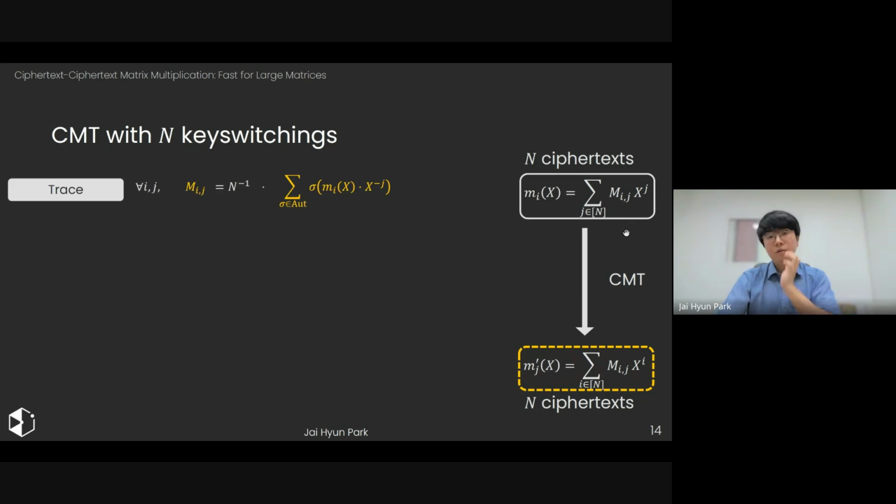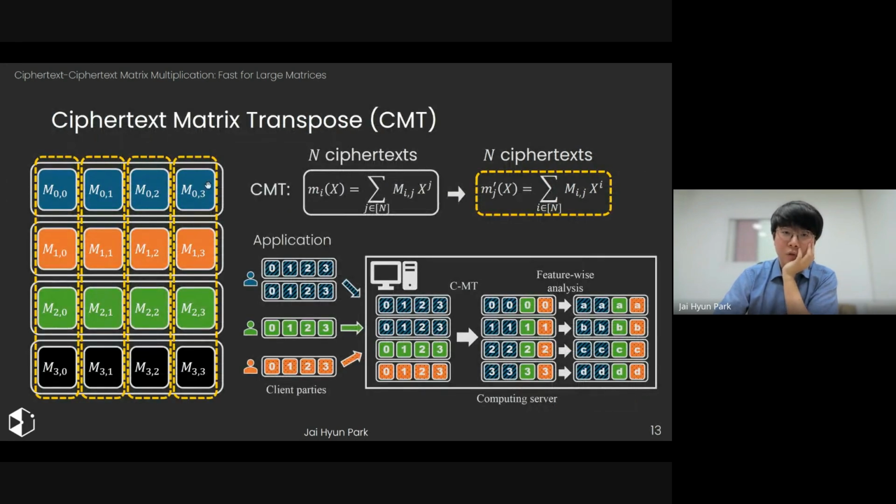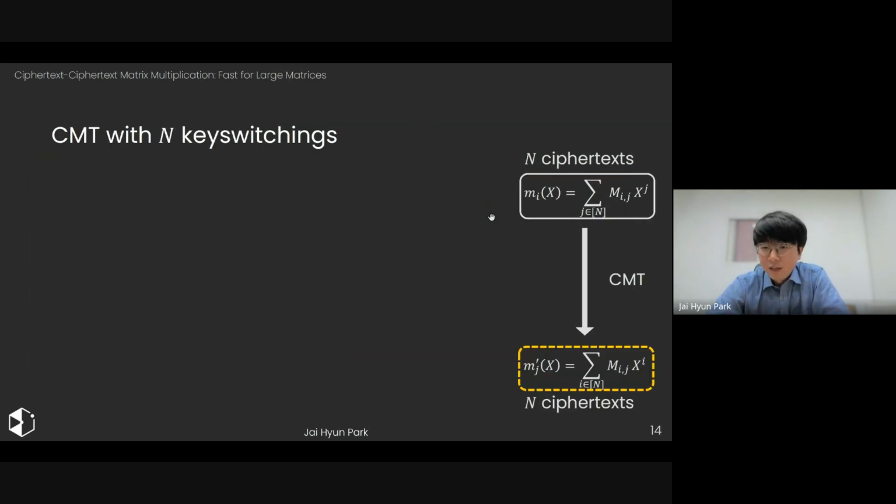To begin with, we're given this row-wise encryption, and maybe the most straightforward way to do this transposition is to extract all the elements and recombine them to obtain the column-wise encryption.